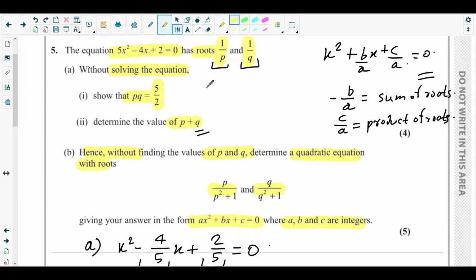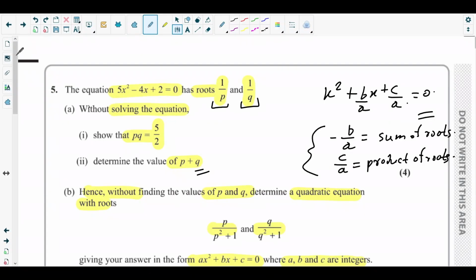So we will use this concept: the sum of roots is negative b over a and the product of roots is c over a. At first, figure out the sum of roots.